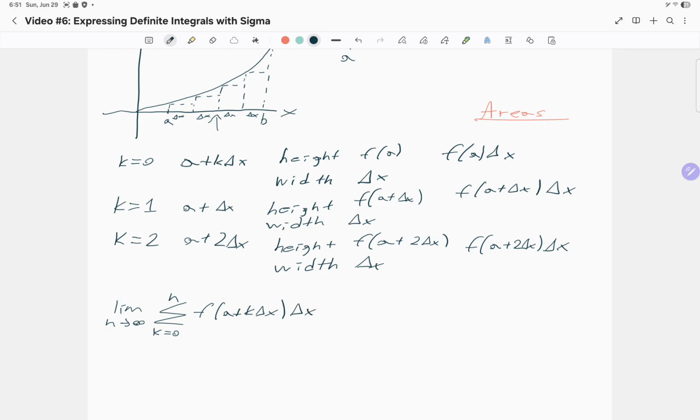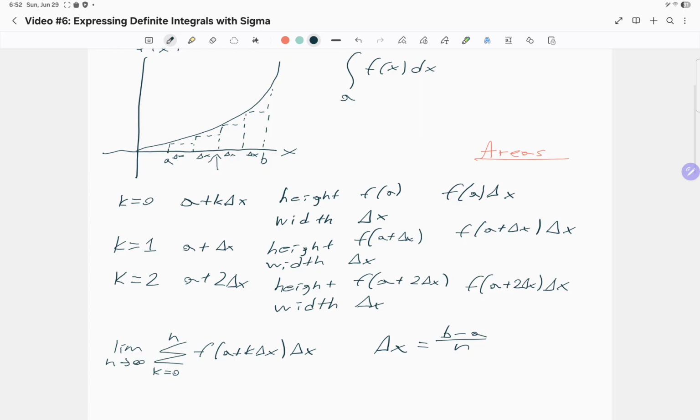Now, what is delta x? If we have infinitely many rectangles, what is our delta x going to be? Well, delta x here can be said to be equal to b minus a over n. Because b minus a is going to be the total length that we have here, and n is going to be the number of rectangles we have.